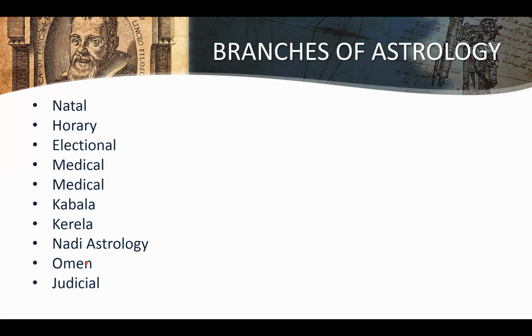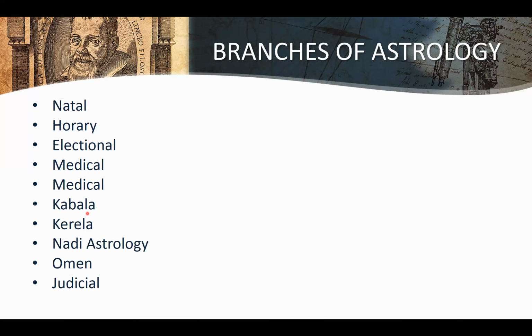Another very good method of astrology is the Kabbalah astrology, which actually means that you deal with numbers, okay? And this is actually the branch of numerology, where we try to predict on the basis of certain numbers.